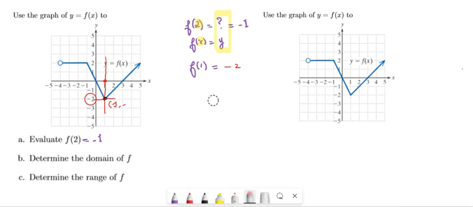Now there are some variations. An example of this: what should f of 3 be? First of all, I look at the 3 on the x-axis. Now if I trace the vertical line and intersect the graph, it happens to be the same point. Then if I trace the horizontal line, it would be this one.